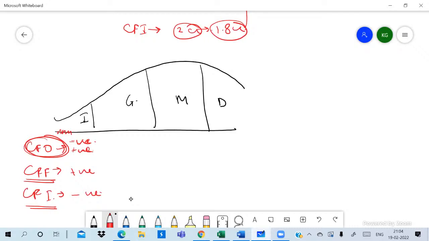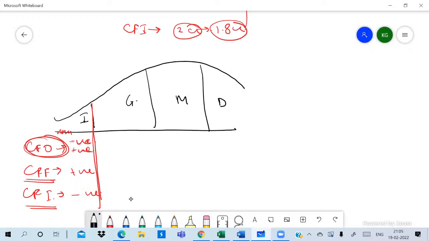So this will be the typical situation at the introduction stage. Investments will be negative, financing activities will be positive, operations will be either positive or negative depending upon the line items that are involved in your cash from operations.